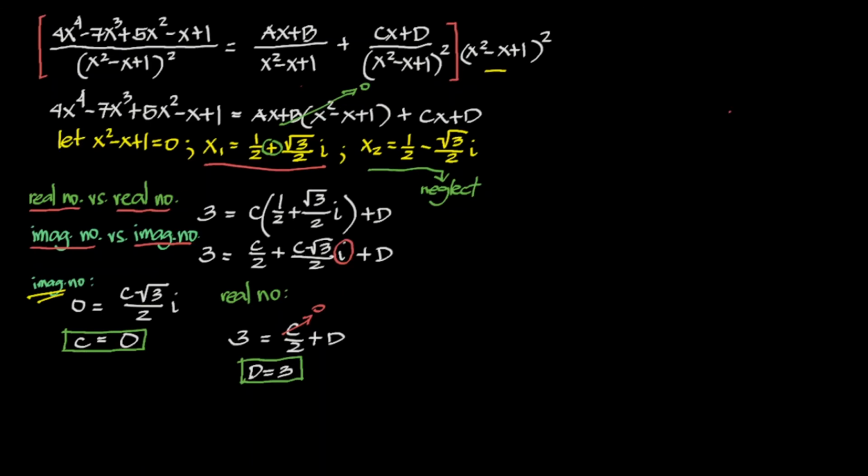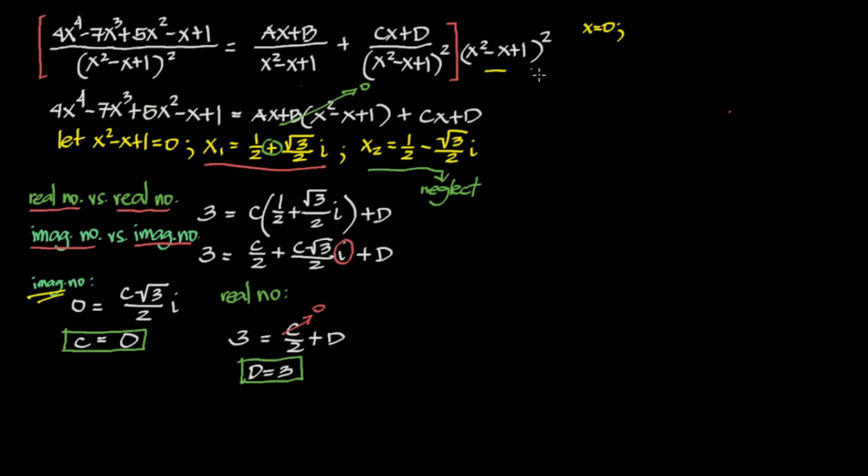Now, for the value of a and b, let's set a value of x which is equal to 0. So, kung mag-set tayo ng value ni x to 0, ibig sabihin, ito magiging 0, ito 0, ito 0, ito 0.